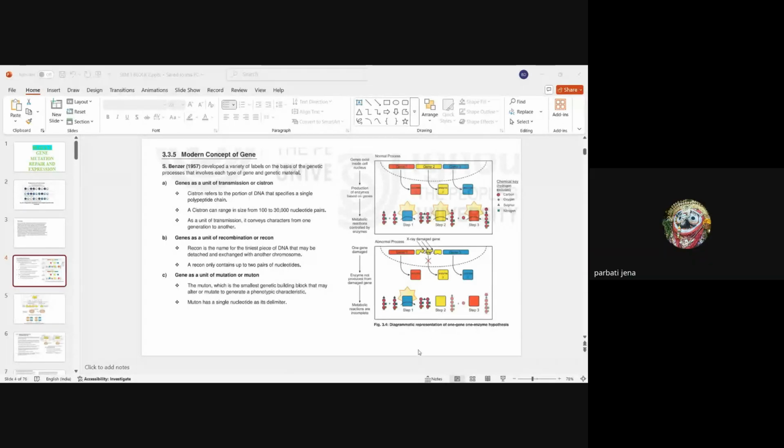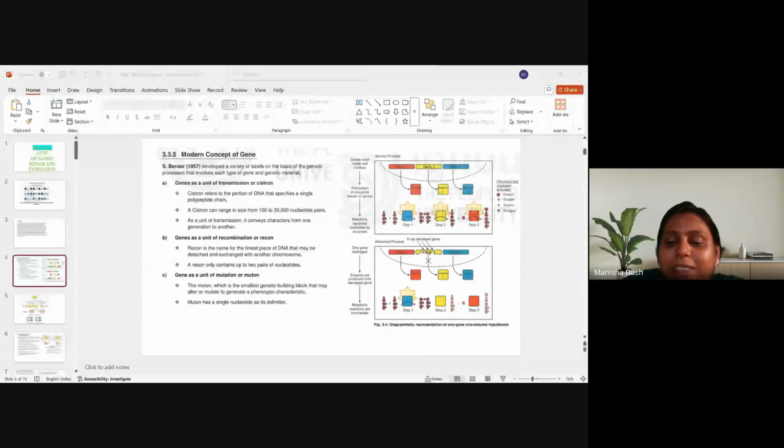One doubt, ma'am. Why does this process happen, and what is the importance of this type of gene 1, 2, 3? What is the role of this process? No, this is just an example to show that one gene actually encodes a single polypeptide. The single polypeptide can form a particular enzyme which will control a single metabolic pathway.